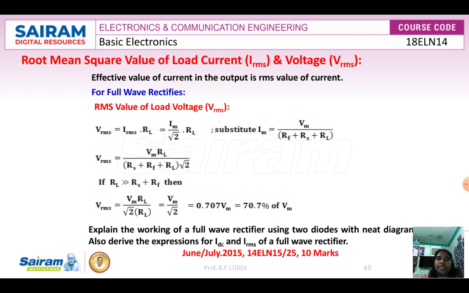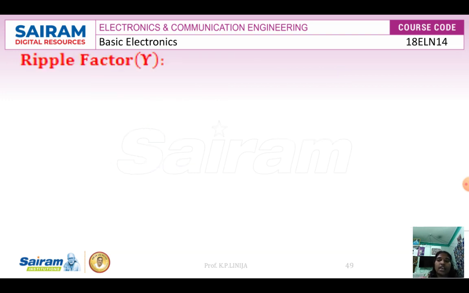So, as per the topic we have discussed now, full wave rectifier and half wave rectifier, we can expect questions such as: explain the working of a full wave rectifier using two diodes with neat diagram. Also derive the expression for IDC and IRMS of a full wave rectifier.